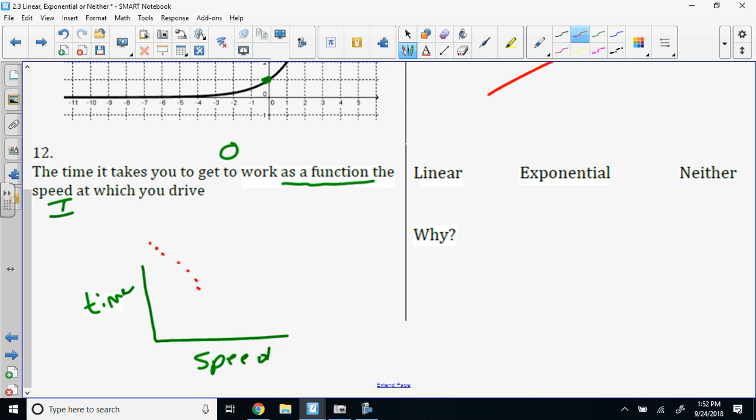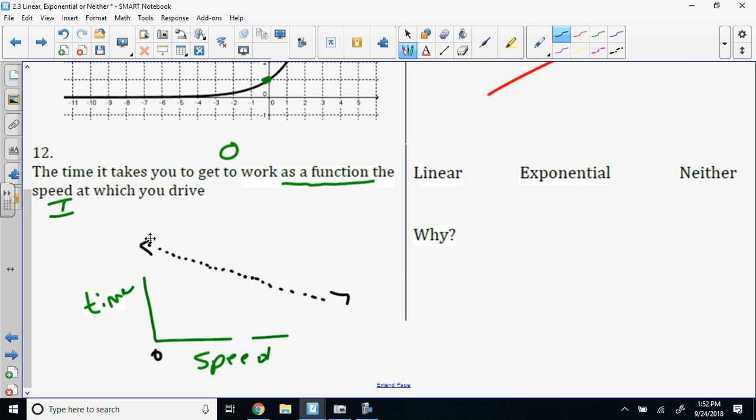Wouldn't it be like that? It can't be the other way. This is 0 here. So the slower my speed, the more time, right? And as my speed increases, guess what happens? My time does what?